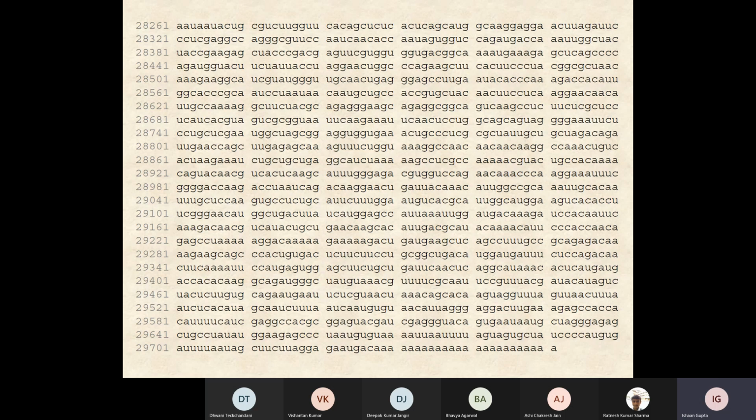So what happens as a result of that is, a sequence that originally looks like this quickly starts to accumulate mutations, as you can see in red, and these mutations typically favor the virus to spread more and get normalized in infection.